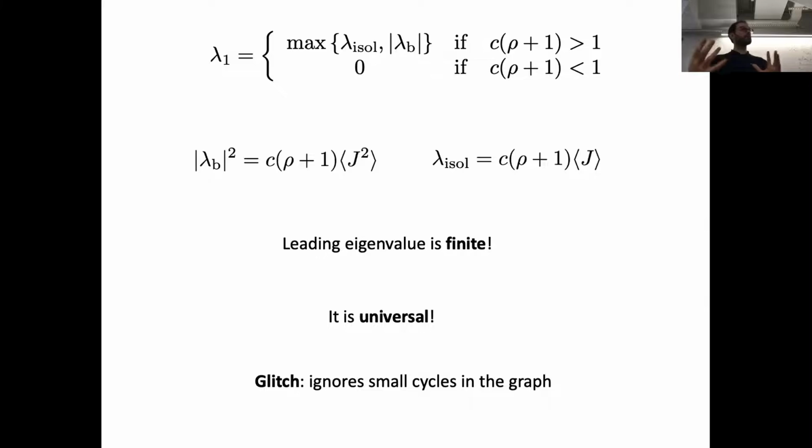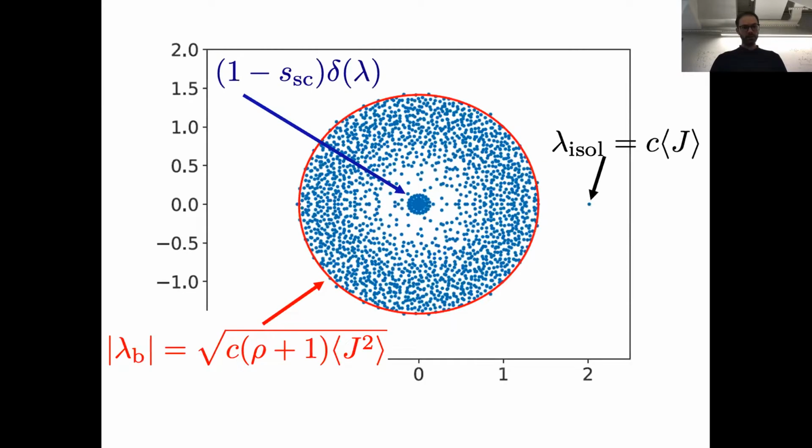So this is based on the cavity method, which ignores the existence of small cycles in the graph. And for the global spectral properties, this does not matter. But if you look at the leading eigenvalue, since this is an extreme event, the small cycles can matter. And this is what I want to briefly discuss now.